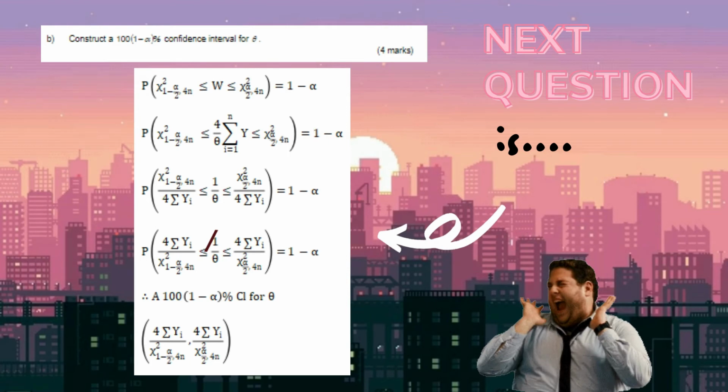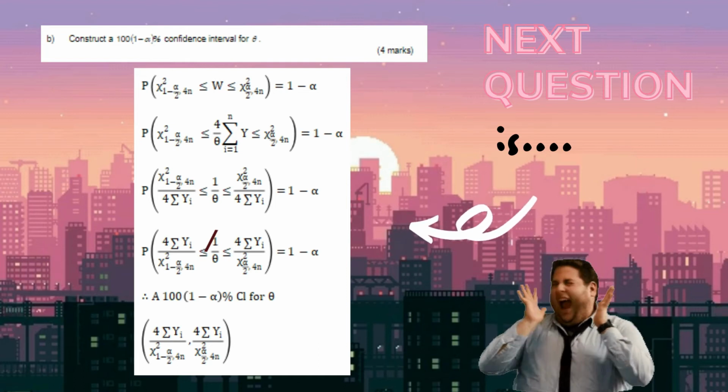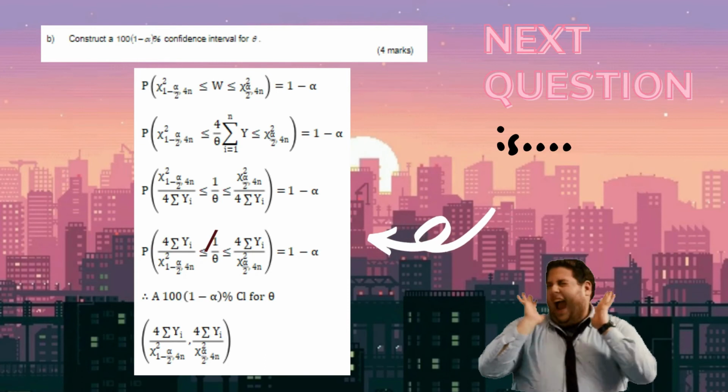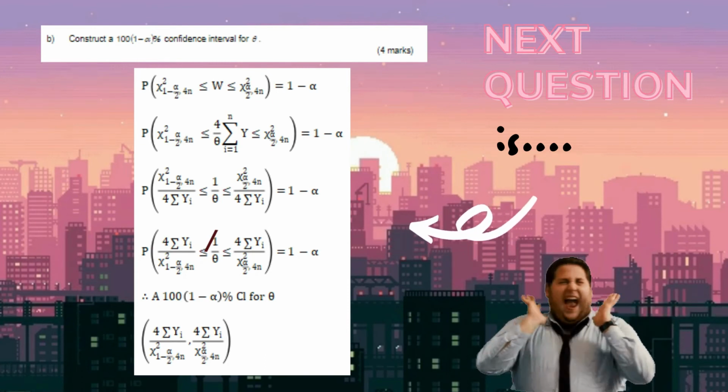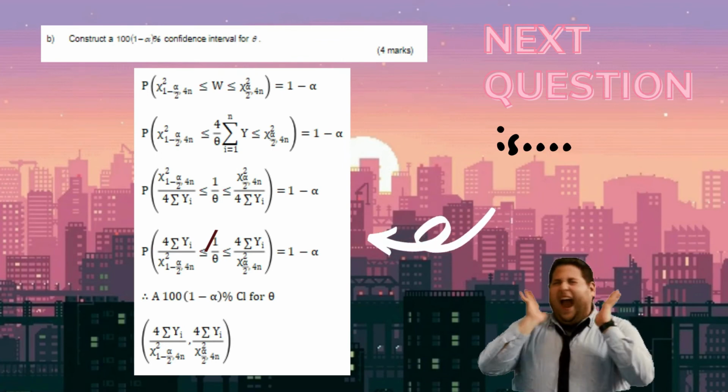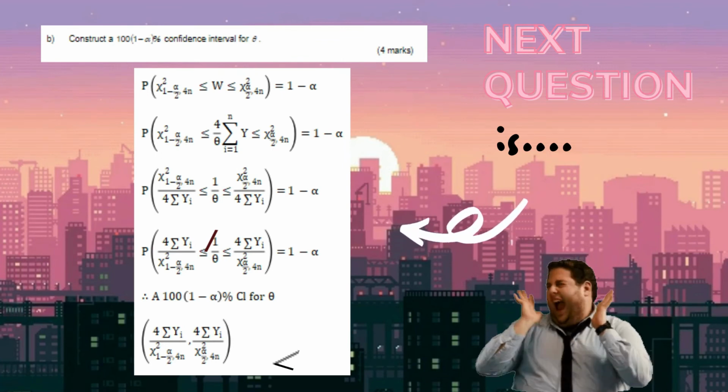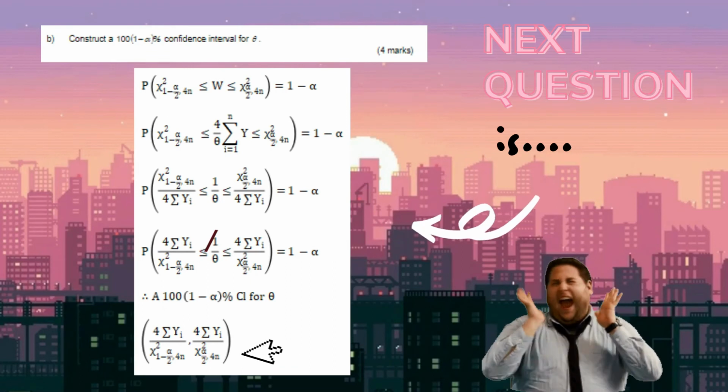After that, we substitute the W, which is 4 over theta summation y. After we substitute the W, we move the 4 summation y and leave only 1 over theta at the center. The next step is we have to switch the denominator and numerator, as we want to find the confidence interval like this.